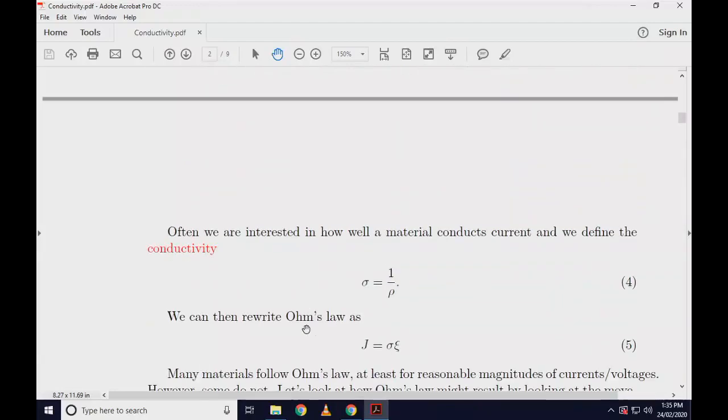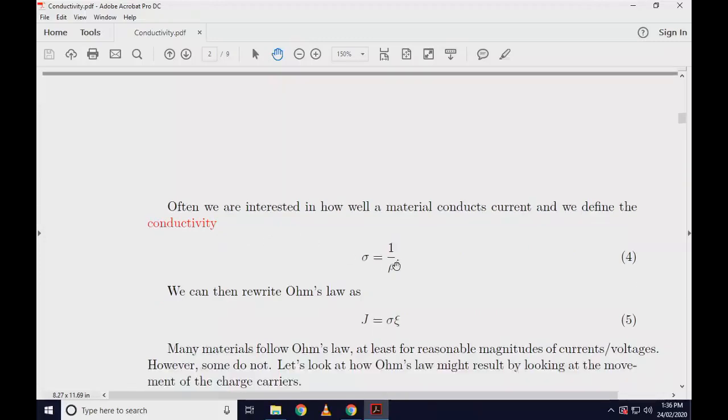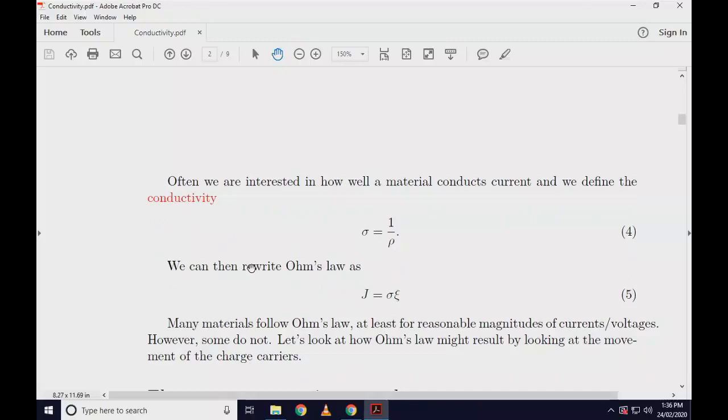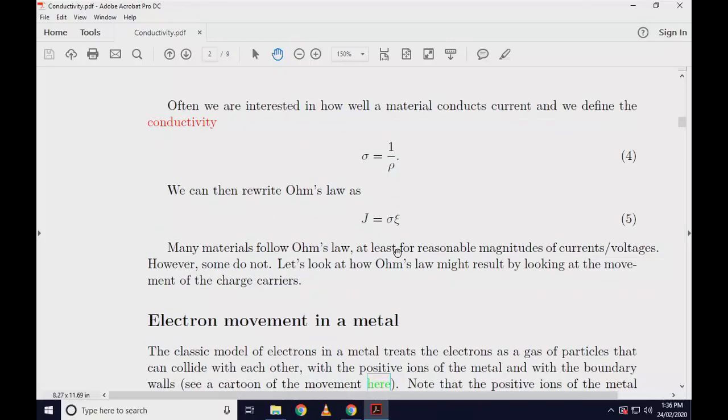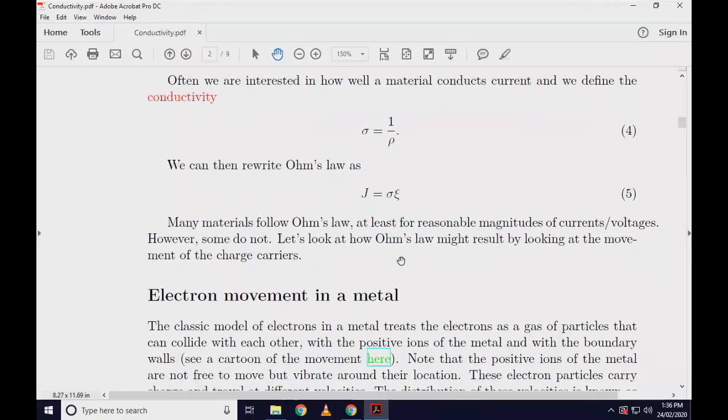Okay, so we are often interested also in conductivity, how much this material conducts, and so that's the inverse of the resistivity. And so we can write Ohm's law now in this way, but what we want to do is work out why we have Ohm's law. Why does it exist for metals?